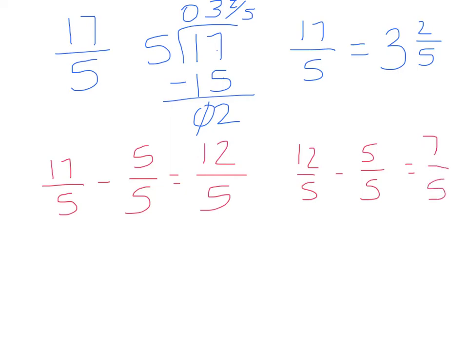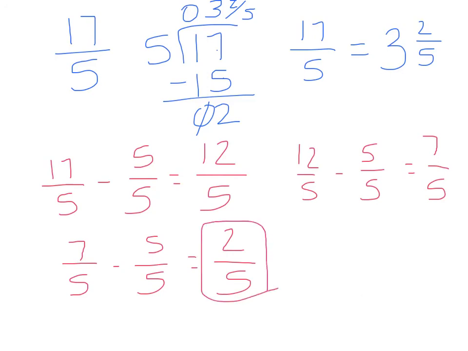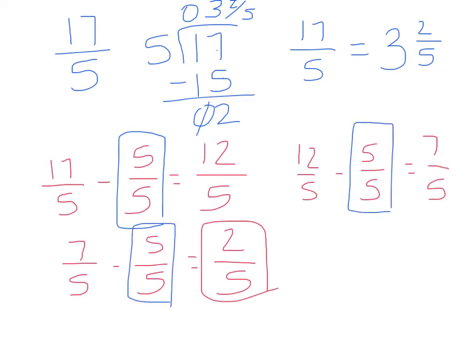I still have an improper fraction, so I need to keep going. 7/5 minus 5/5 again, that fraction that's equal to 1 whole. 7 minus 5 is 2, and the denominator stays the same. Now that I no longer have an improper fraction, I can go back and count how many wholes I took out. I took out 1 whole, 2 wholes, 3 wholes, and then I have my 2/5 remaining.